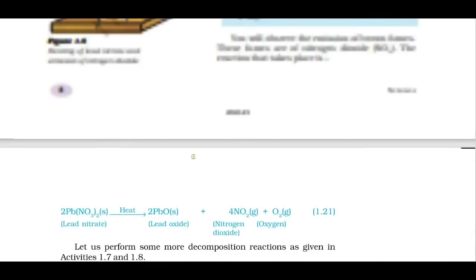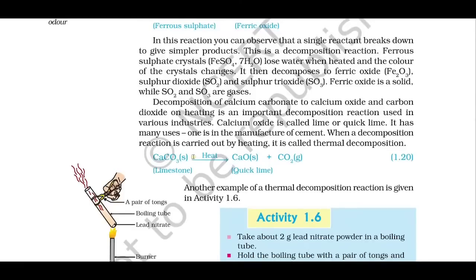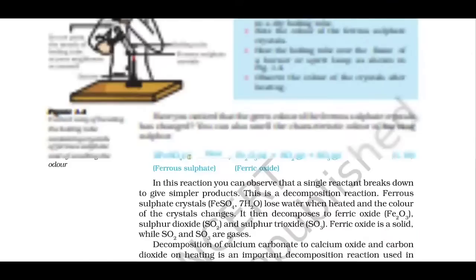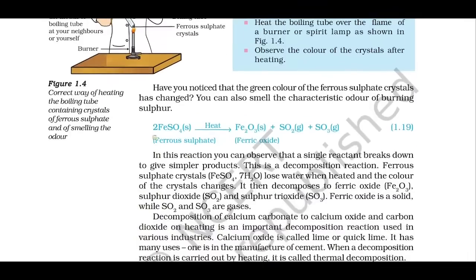Decomposition reaction is a type of chemical reaction in which a reactant will decompose or split into two or more products, right? Here we have an example. 2FeSO4, that is ferrous sulfate, on heating gives ferric oxide with release of SO2 plus SO3.